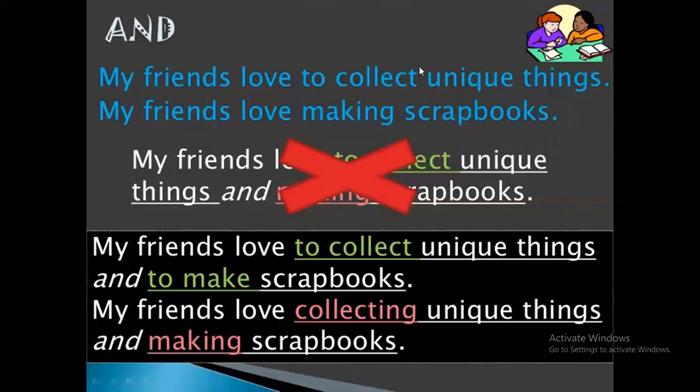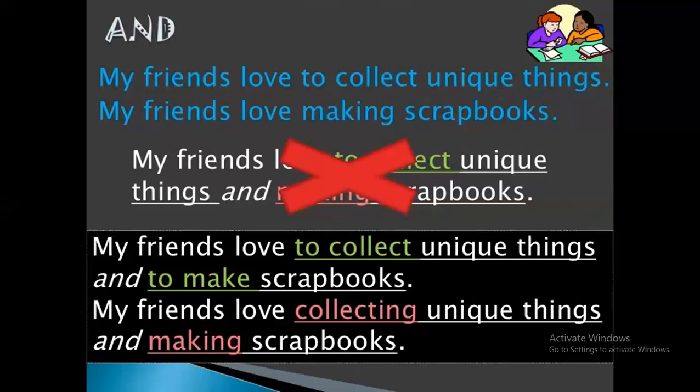Here the sentence tells you to collect, here the sentence says making. Okay, but then you have to either follow this form or you have to follow this form when you make a complete sentence. There cannot be two kinds of non-finite verbs in one sentence. Okay, there can be either this kind or this kind. I hope you have understood what I'm saying.